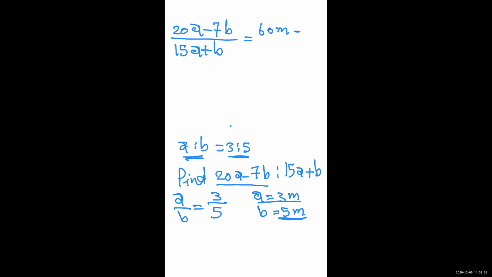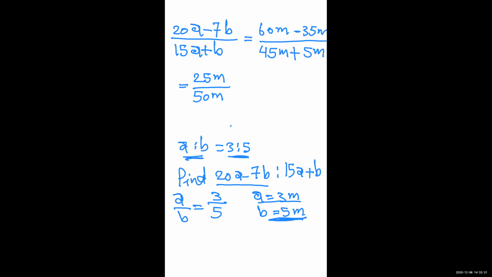So 7 times 5 means 35M, over 15A, 15 times 3M, which equals 45M, then plus B. B now is 5M. Now guys, it will equal 60 minus 35, so this means 25M over 45 plus 5 means 50M.